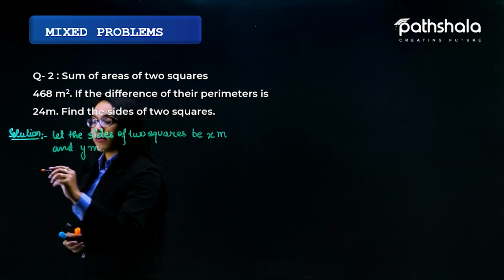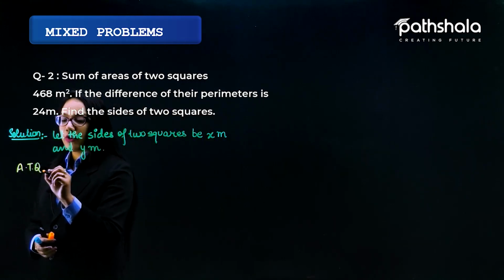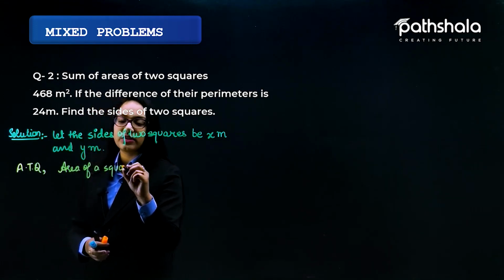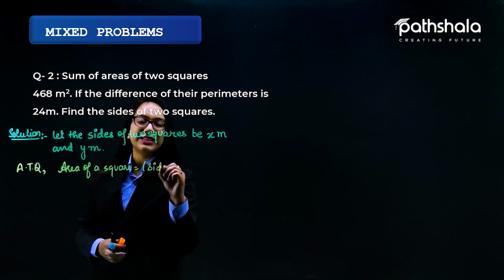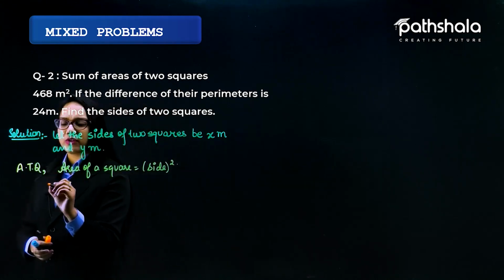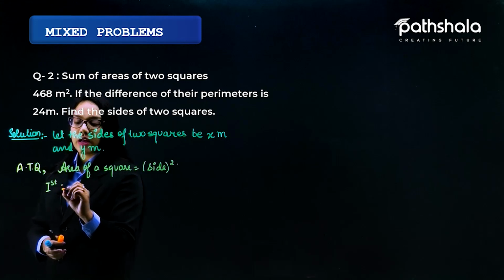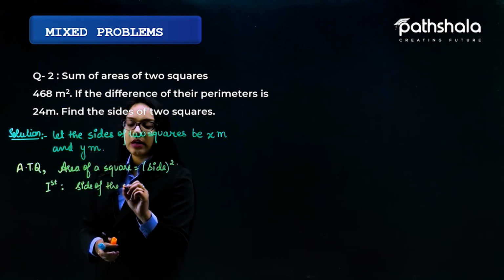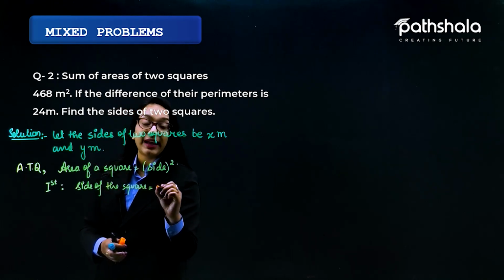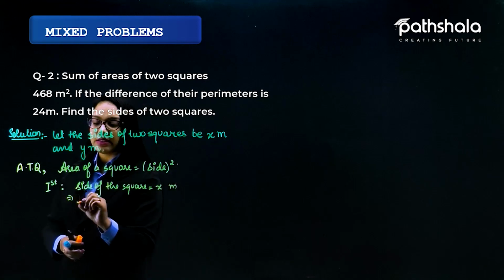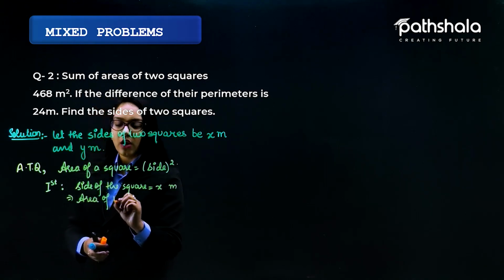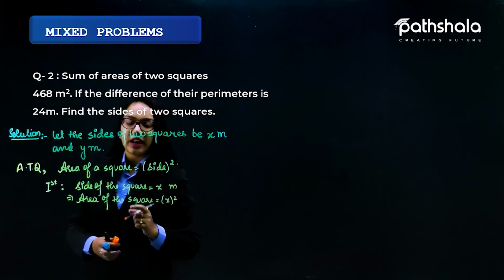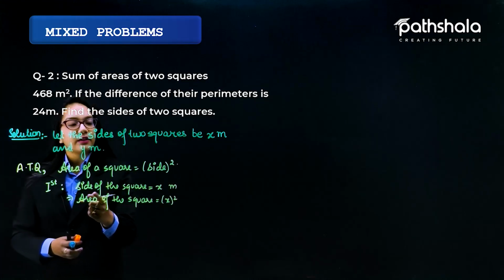So according to the question, we know that the area of a square is equal to side square. If we talk about the very first square, the side of the square is x meters.